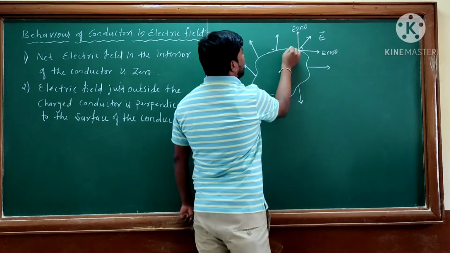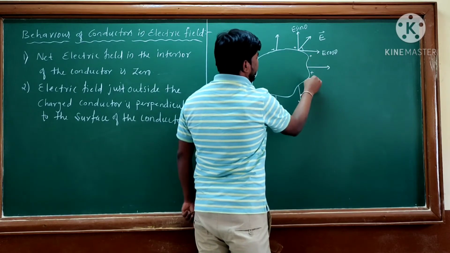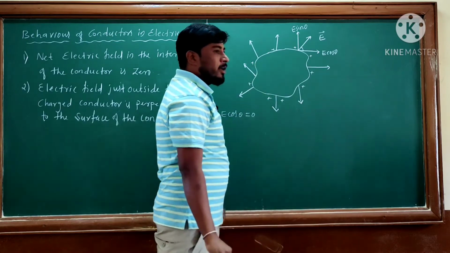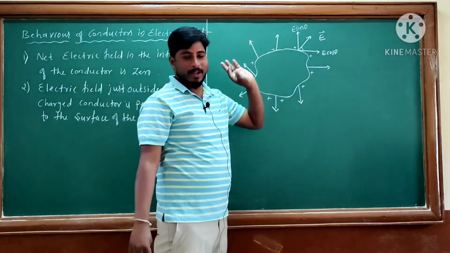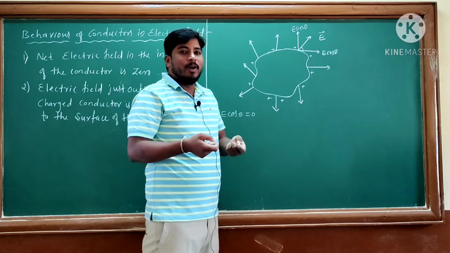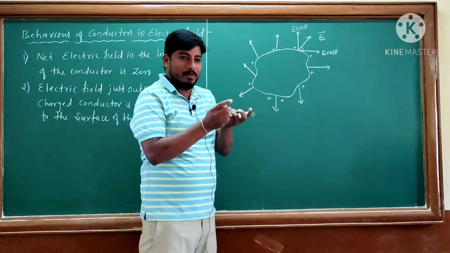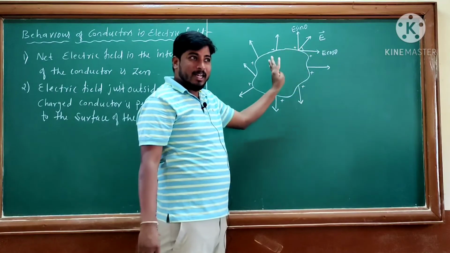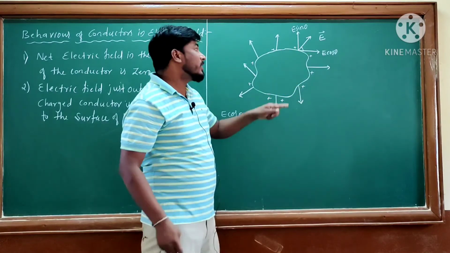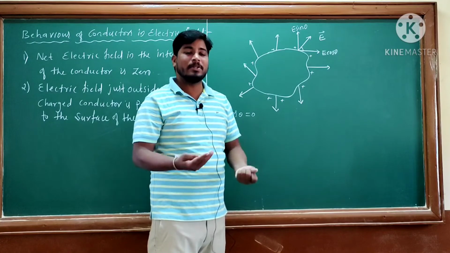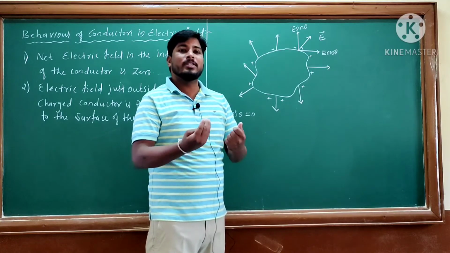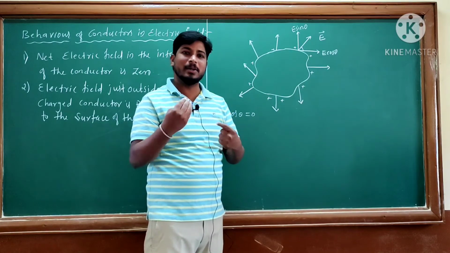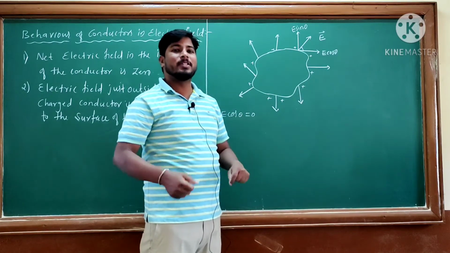Say these are the positive charges. If there is a component of the electric field, then there must be some electric field present along the surface. If an electric field is present, we know that any charge in the presence of the electric field experiences a force.